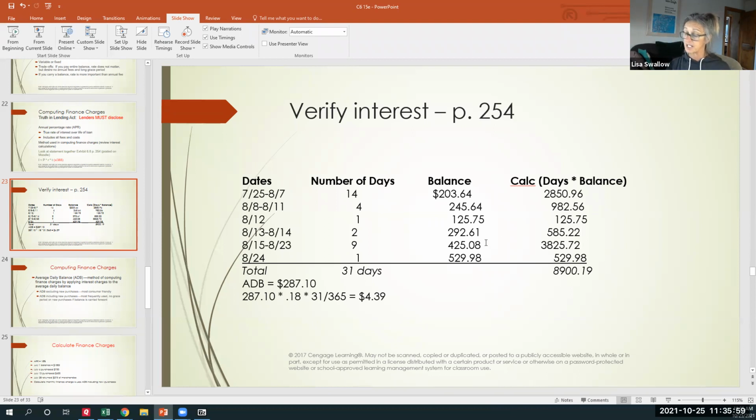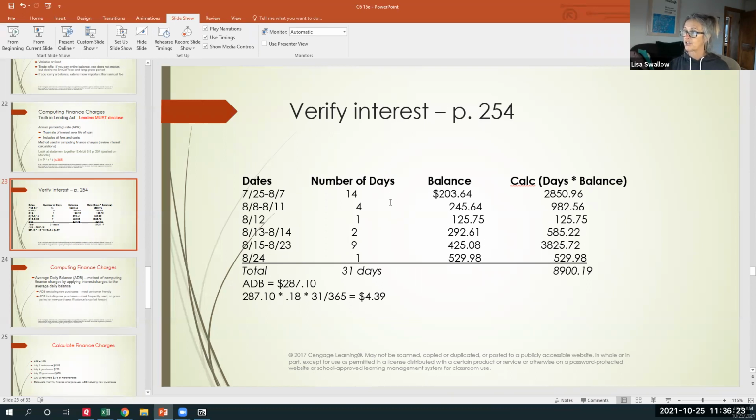Then it goes up to this balance and it stays like that the 15th, 16th, 17th, 18th, 19th, 20th, 21st, 22nd, 23rd. So it stays like that for 9 days. And then on the 24th, I make another purchase, and that is the last day of the period.